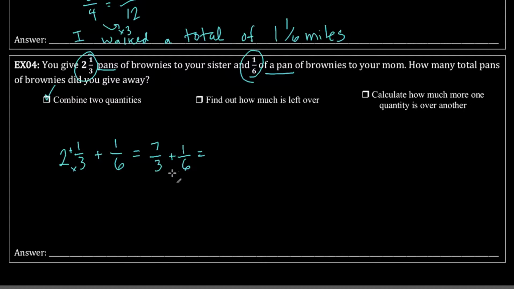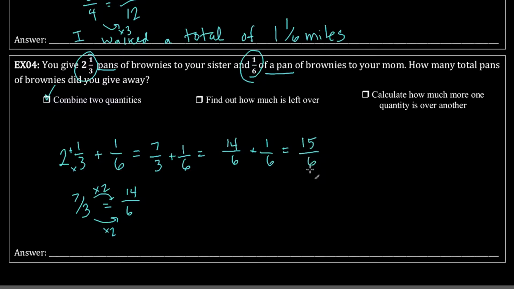Cool, so we got another easy common denominator. I can just change 7/3 to sixths: 7 times 2 is 14. So instead of 7/3, I'm going to write 14/6, and then I'm going to add 1/6.